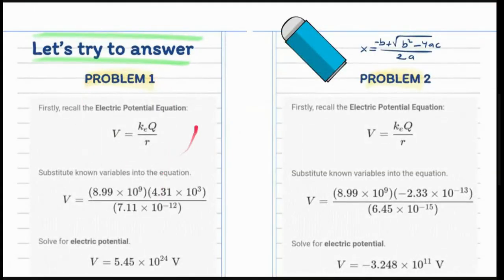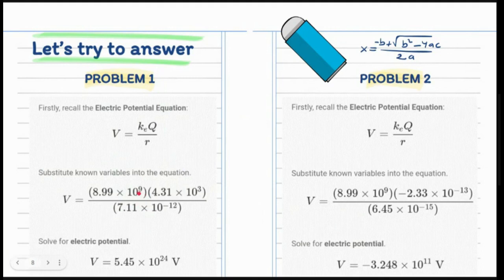Now, if we revisit our electric potential equation, V is equal to kQ over r, where k is our Coulomb's constant, Q is our charge, and r is our distance. Now, let's try to substitute the values. We have the Coulomb's constant, the source charge, and the distance.